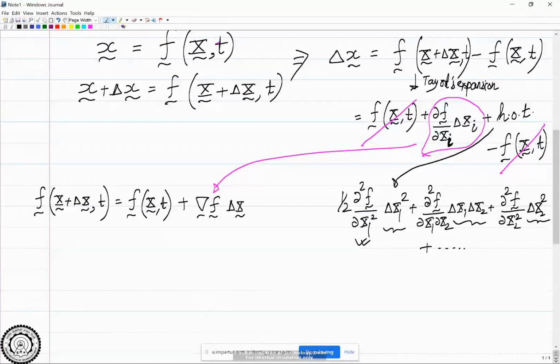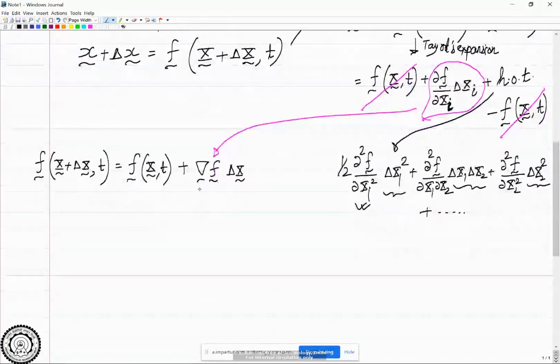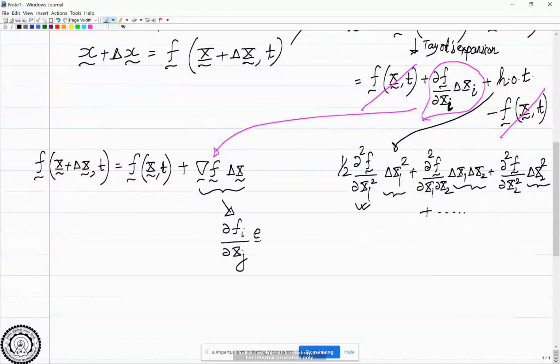And we already know what is the gradient of a vector. So if you, for example, let me expand this, okay? So what is this going to become? del fi over del xj ei tensor product ej, isn't it?